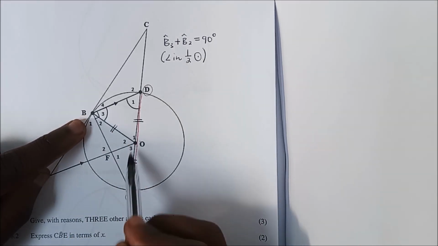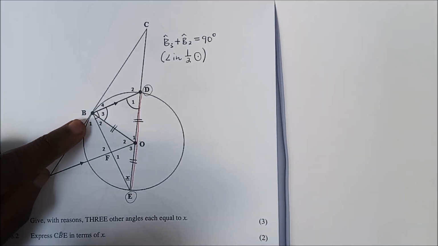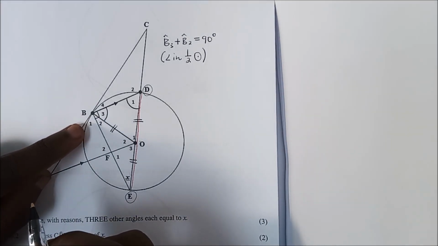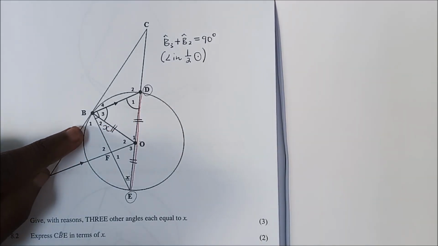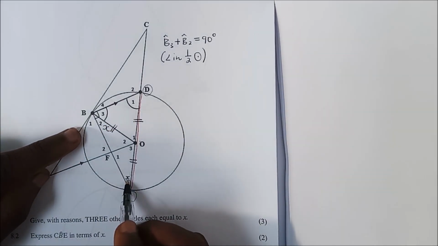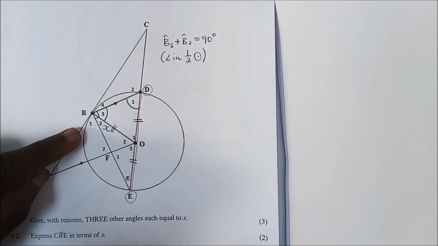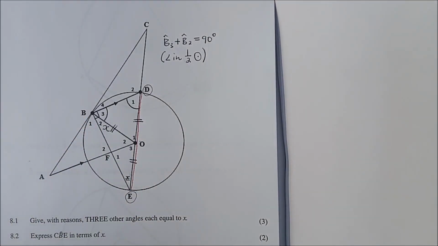If these two sides are equal, then the base angles have to be equal. So if the base angles are equal, that means B2 will also be x, because E is x, then B2 will also be x. And then what will be your reason? Your reason will be angles opposite equal radii, or equal sides.